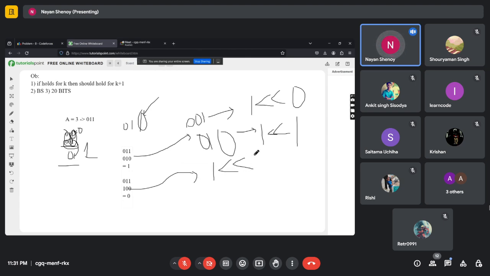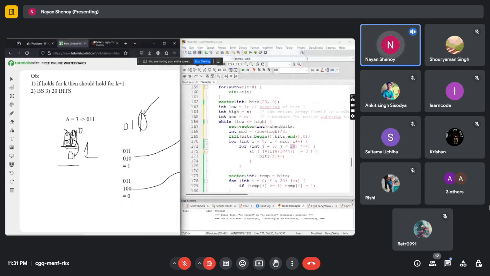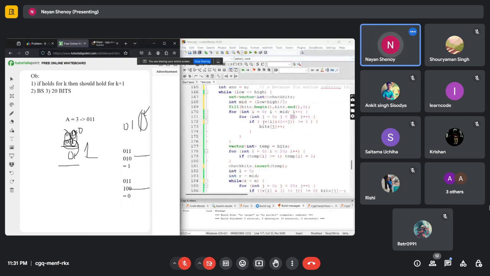I hope everybody understood till here. So what I'm trying to do here is an AND of v[i] with this. I'm left shifting by j and checking whether I have a bit set in positions 0 till 20, because you can have from 0 till 20 as the maximum number of bits in an element. So that's what I'm doing here.